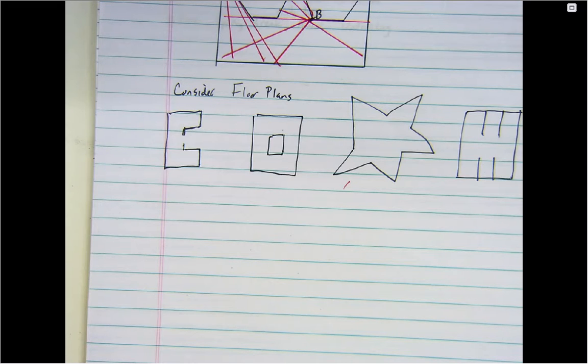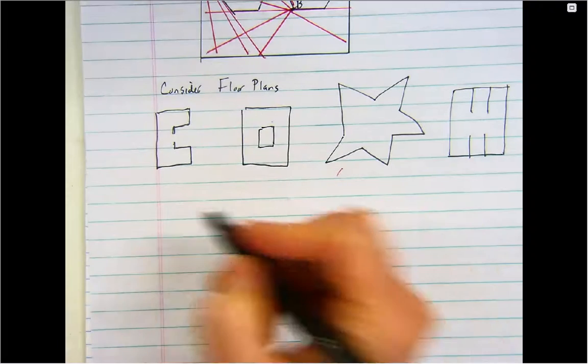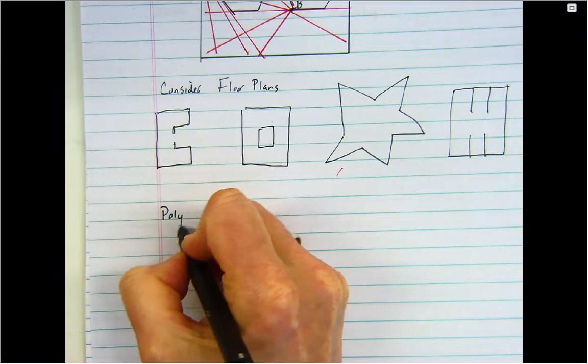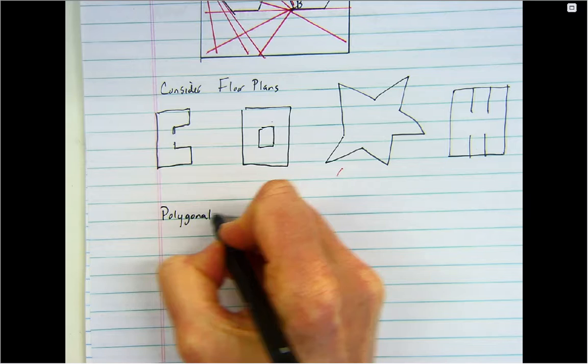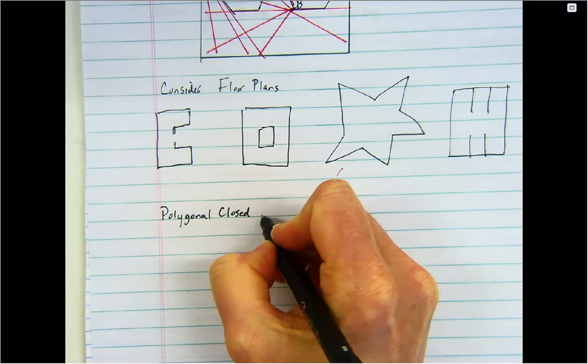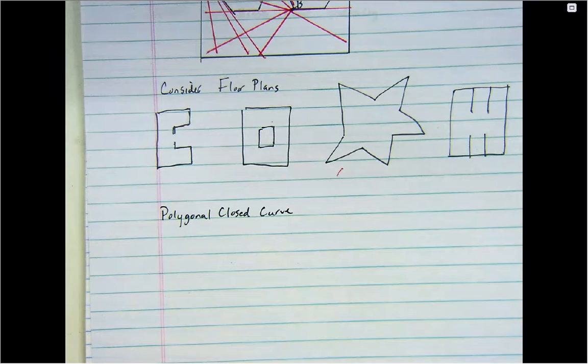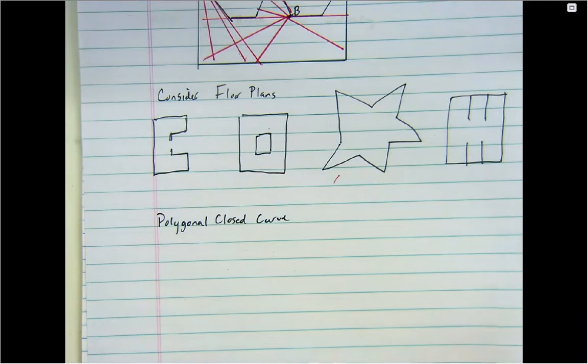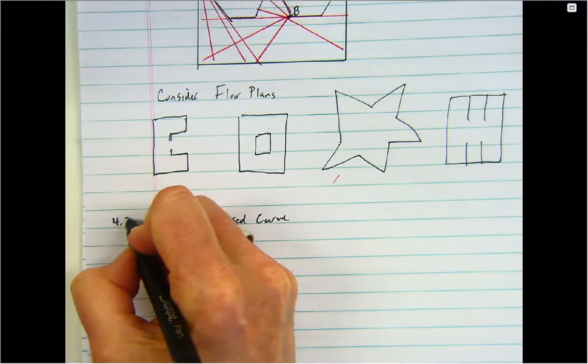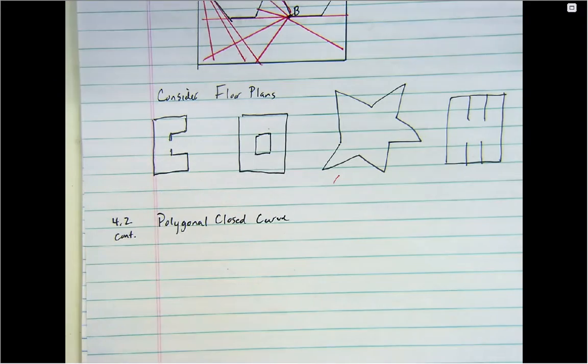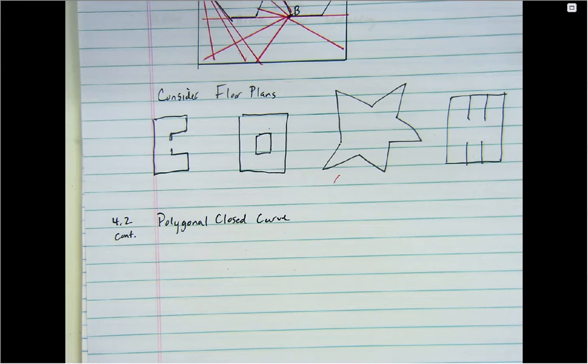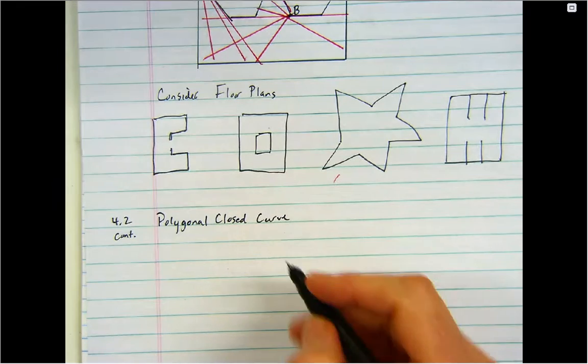So we're going to restrict ourselves to a particular layout called a polygonal closed curve. Okay, so this is 4.2 continued. And I kept my notes from 4.2 because we need those drawings up above. So we're looking for polygonal closed curve art galleries.